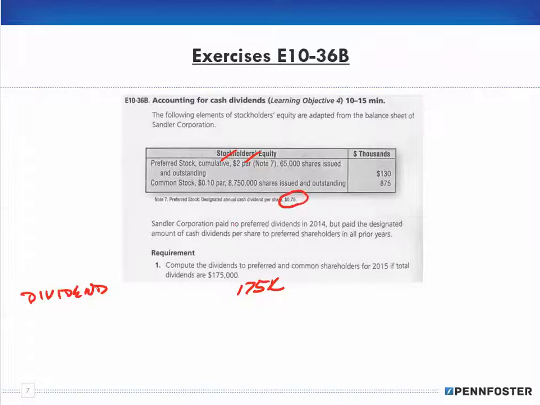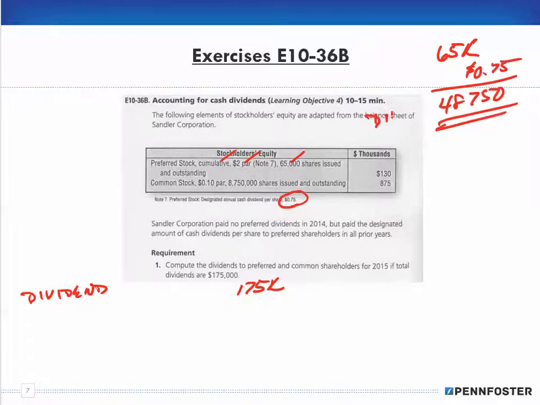See what I mean by a variety of things? You have to pay attention to what's going on, right? The annual cash dividend per share is 75 cents. There's 65,000 shares, right? So if I have 65,000 shares at 75 cents, that comes out to $48,750 of dividends for preferred stock per year.